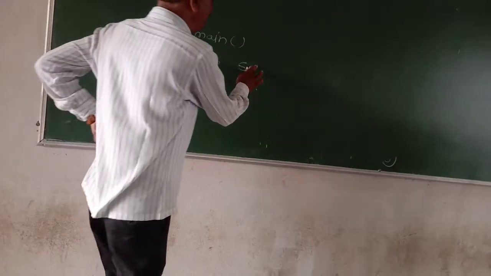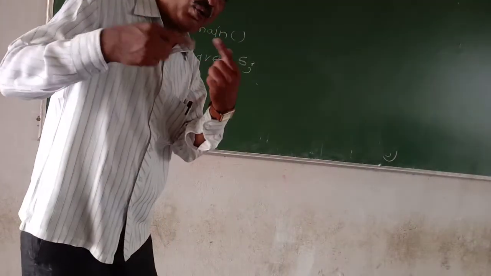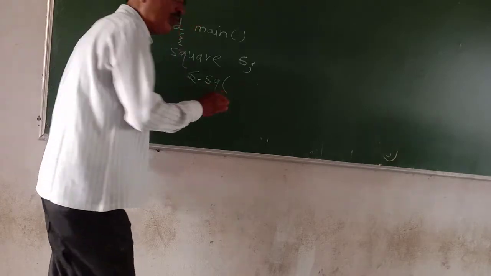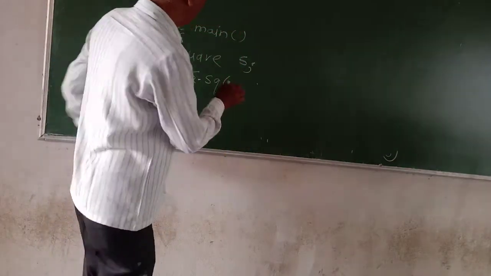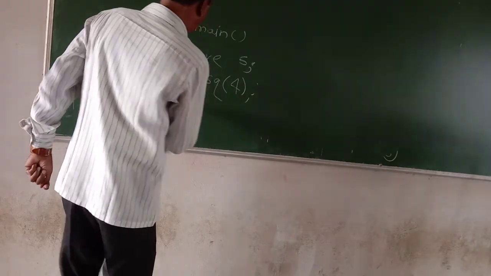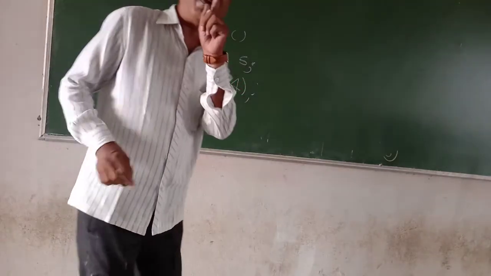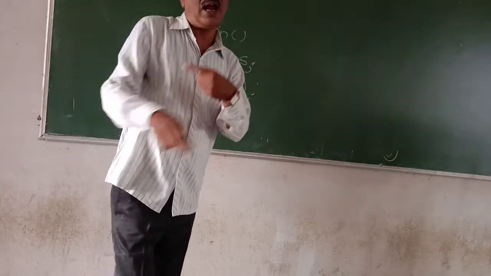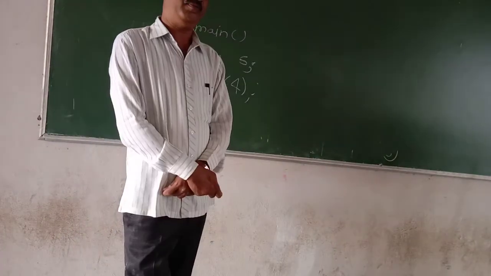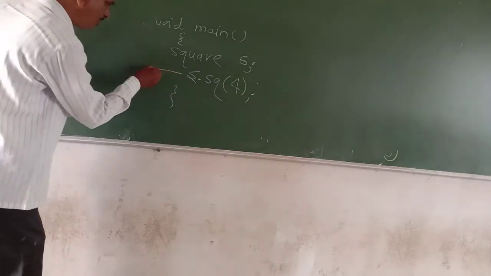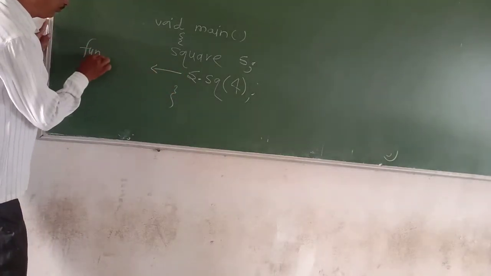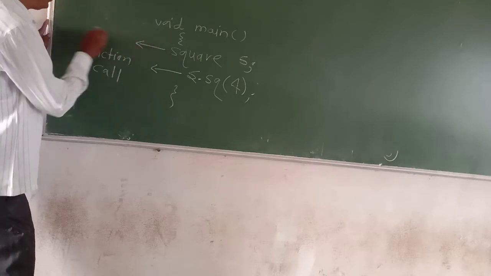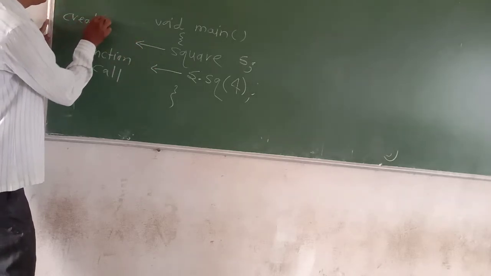So s is the object. Now we are calling the function s dot s2, and we had mentioned that there will be a parameter. So the parameter is say 4. Then the s2 function will be called. The actual parameter 4 formally becomes x, and x into x will be printed by cout. So this is called a function call, and this is called creating an object.